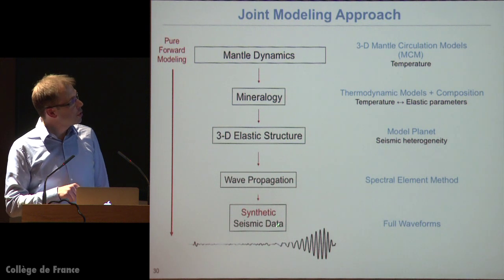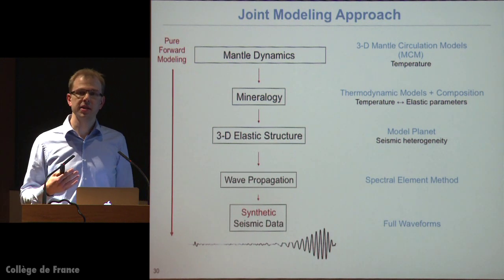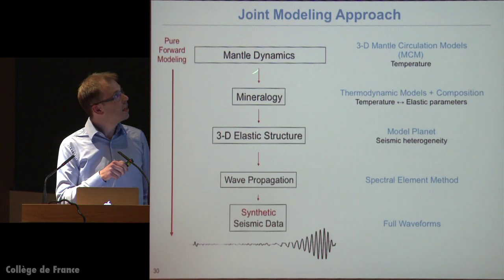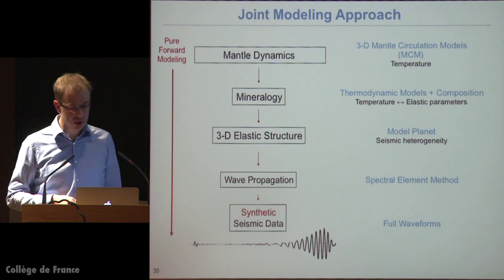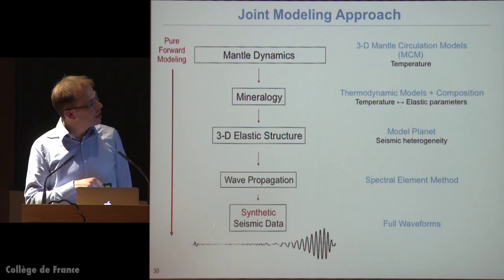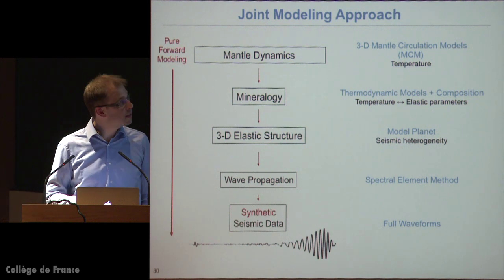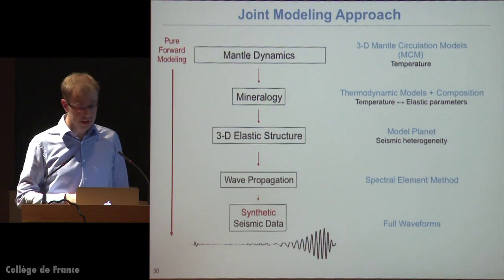So we can produce our own synthetic seismic data set independently of any seismic observation. I think this is a strong advantage of this approach, and so we can test this whole idea about mantle dynamics, or certain ideas that we might have, against seismic observations consistently.